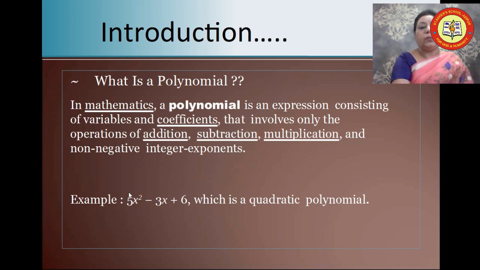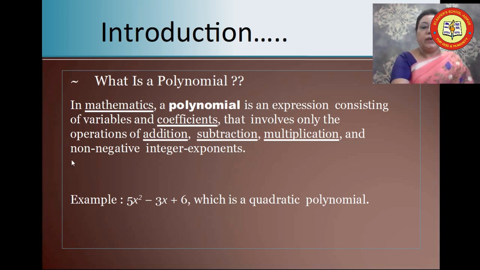So let us see, what does 5x squared mean. Here 5 is the coefficient of the term 5x squared and 2 is the exponent of the variable x. So this is a polynomial in variable x, where 2 is the exponent of the first term, whereas the exponent of the second term is 1.